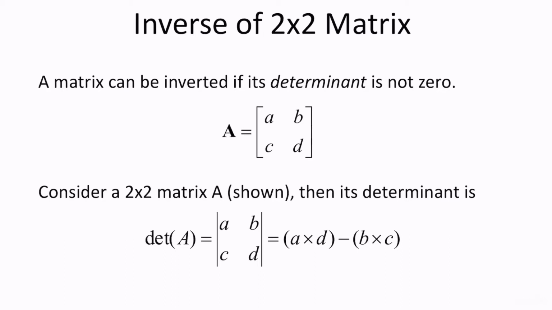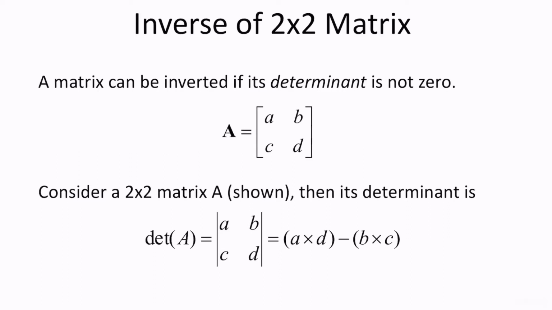Okay, so if we have a matrix like this matrix here, A, B, C, D, just remember that not all matrices can be inverted. If the determinant of the matrix is equal to 0, then we can't invert that matrix.